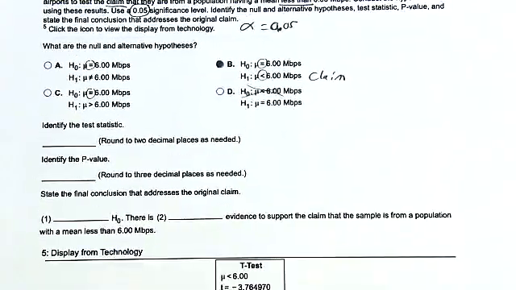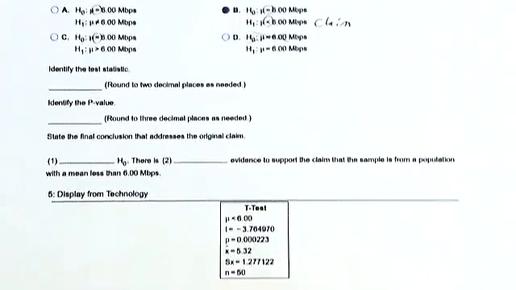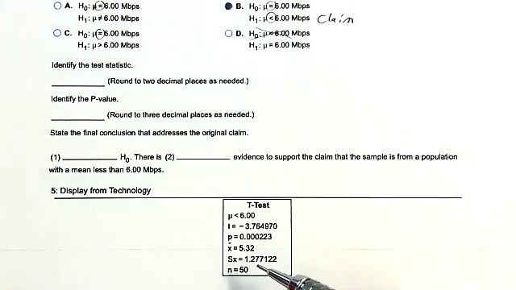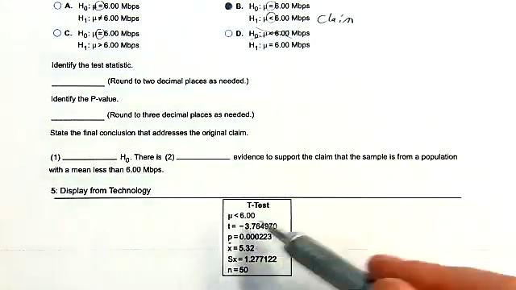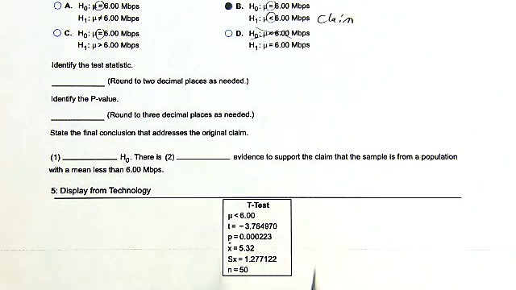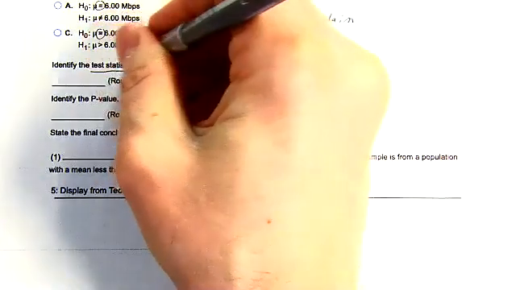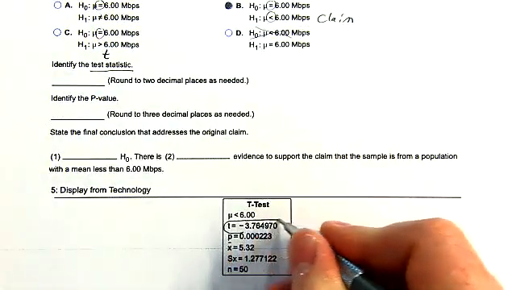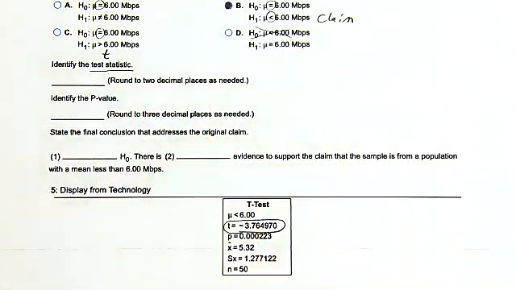Okay, problems like this, when they give you the printout, and this is how I would do it on a test too, because you can't obviously use StatCrunch on the test, and that's what I've been teaching to get these numbers. It's pretty simple. The test statistic in this problem is the t number. So this t number here is the test statistic.